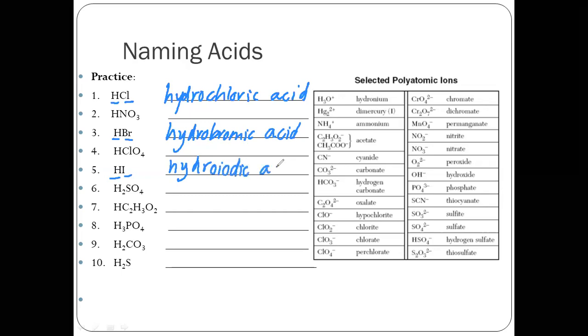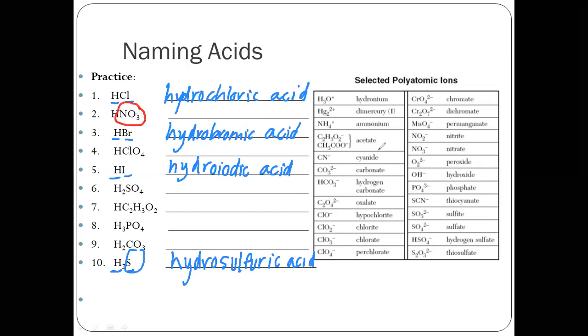Hydroiodic acid. So iodine changes to iodic. And then the last one, sulfur, I was saying is kind of a weird one. So hydro, so instead of saying sulfic, it just keeps the full name sulfur and adds an IC. Hydrosulfuric acid.